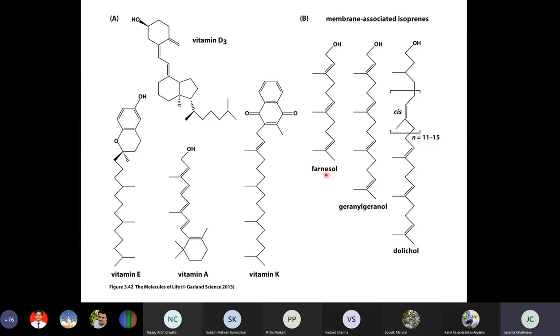This reaction is catalyzed by a farnesyl transferase. You have to have a pocket where both the farnesyl phosphate and the protein with the CAAX motif bind, and then this reaction can take place.